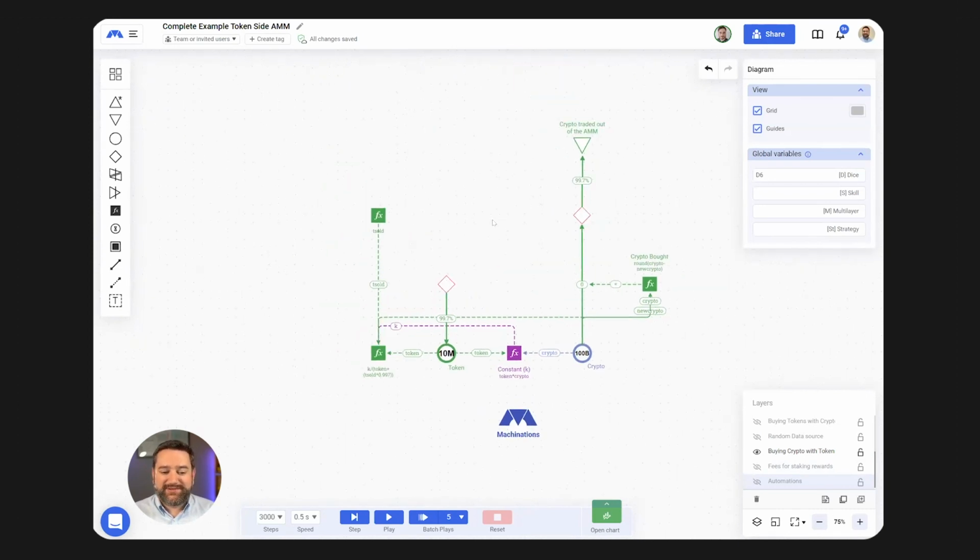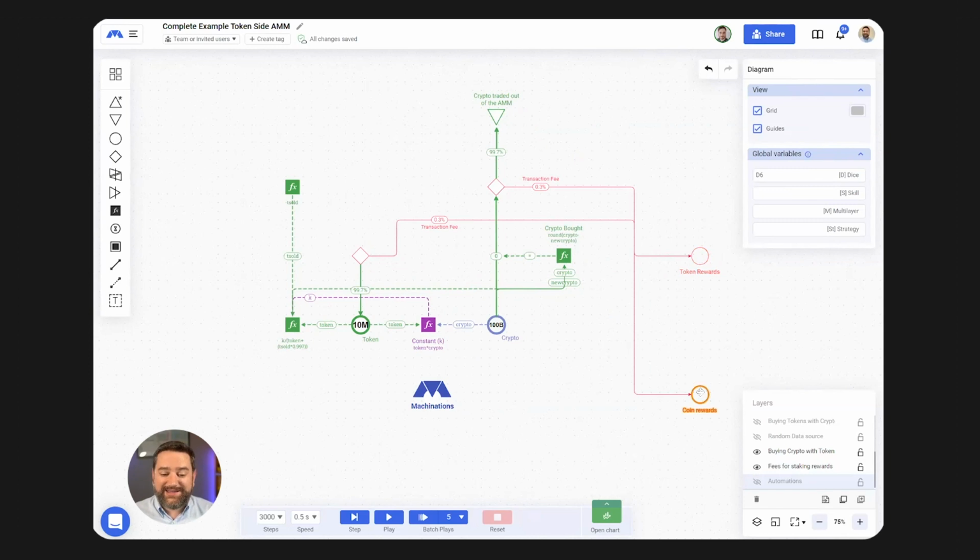What I've now done to this is add another element that you might want to think about with your AMMs, which is the fees for staking rewards. So every time a transaction goes through an AMM, there's some fees that are taken. These fees are then allocated to both the owner of the AMM and also to the actual people that have staked their tokens or their crypto into the AMM.